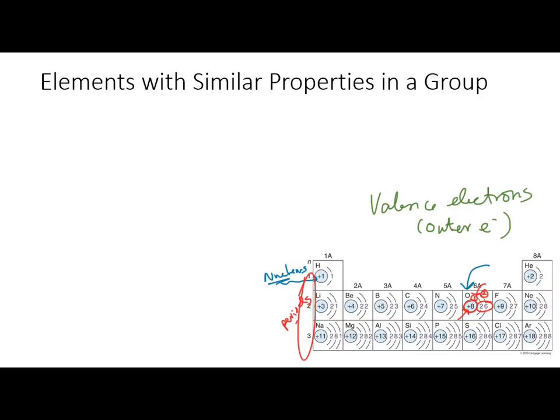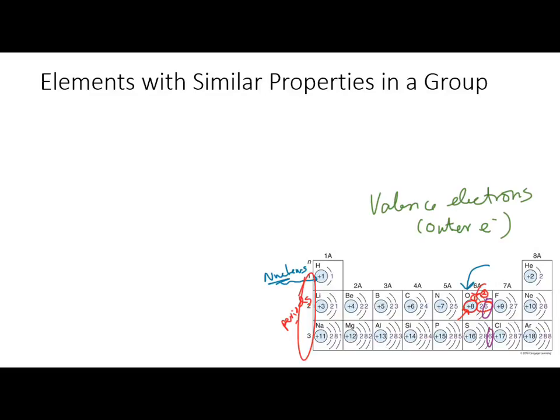If we look at oxygen, the outer electrons are 6. Let's look at sulfur right underneath oxygen. What are the outer electrons? Valence electrons, also 6.